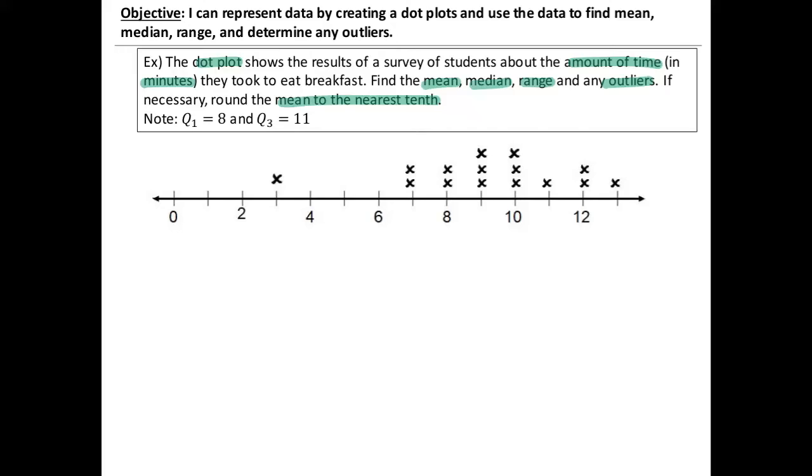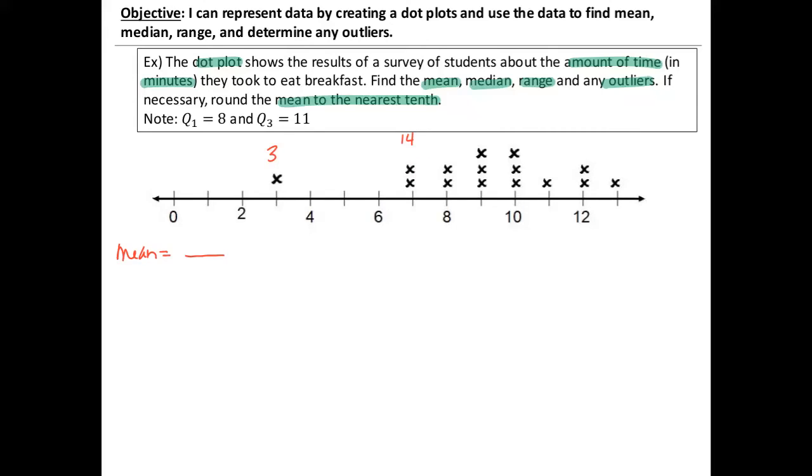All right, so for the mean, remember you have to add all your values together. So this is going to be 1 three. This has 2 sevens, so 14.